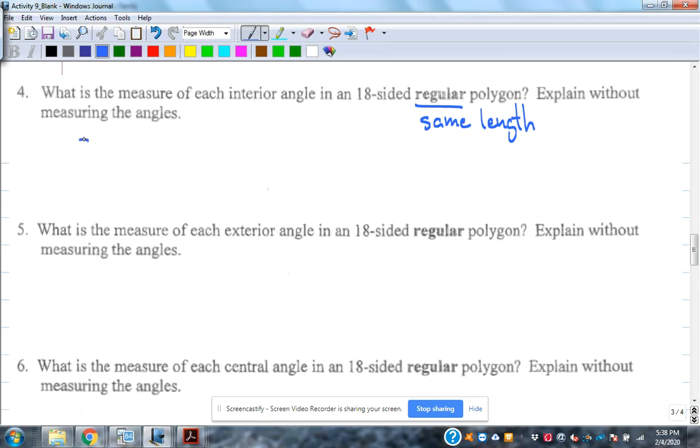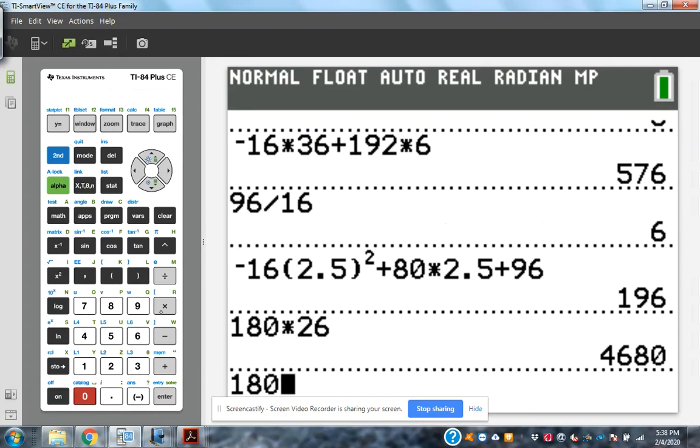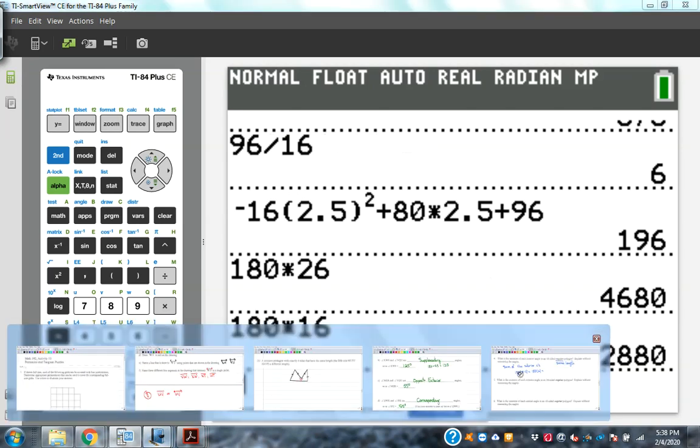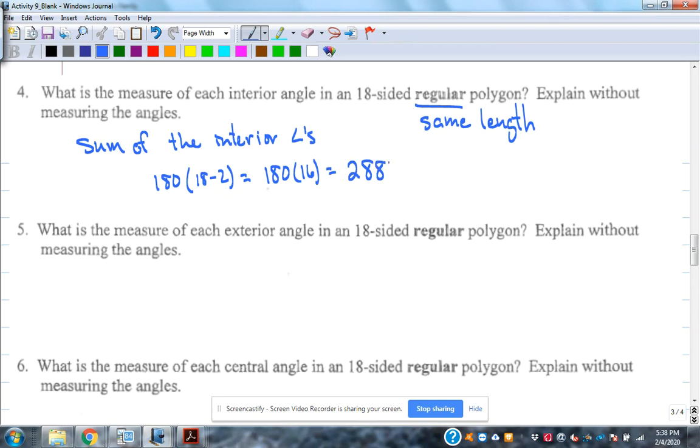So we're going to find the sum of the interior angles. That'd be 180 times 18 minus 2, 180 times 16. 2,880, right? 2,880 degrees. That's the total.